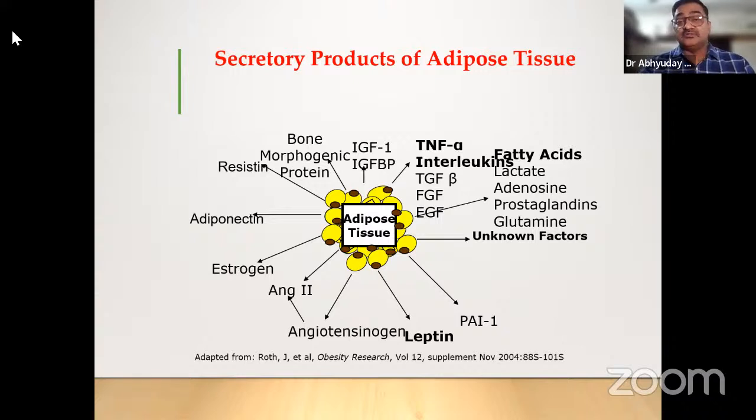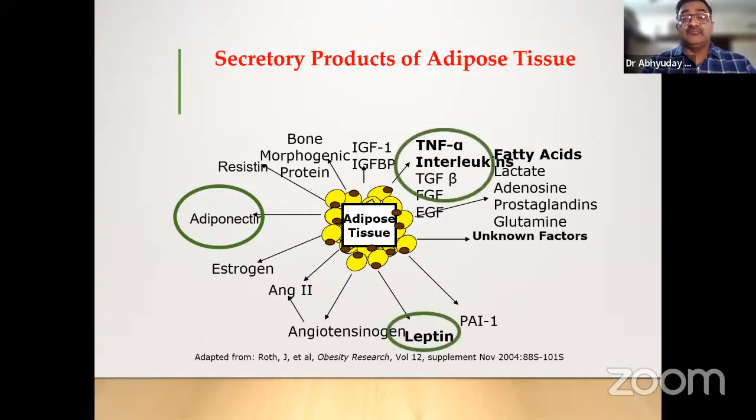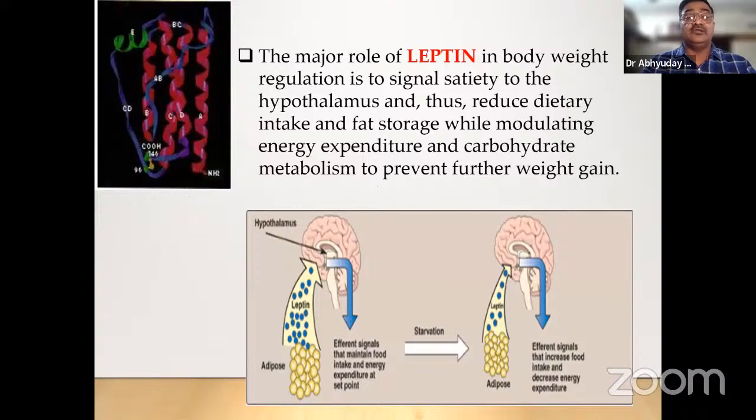Then we have interleukins, fatty acids, prostaglandins, plasminogen activator inhibitor, angiotensin 2, estrogen, adiponectin, resistin, leptin. So these are hormones and other pro-inflammatory markers produced by adipose tissue. You can see this adipose tissue produces so many hormones in the body, and we'll see one by one these hormones: adiponectin, leptin, TNF alpha, and interleukin.